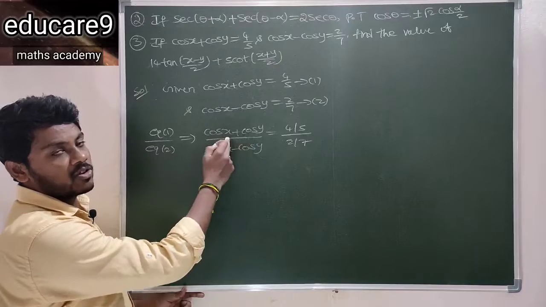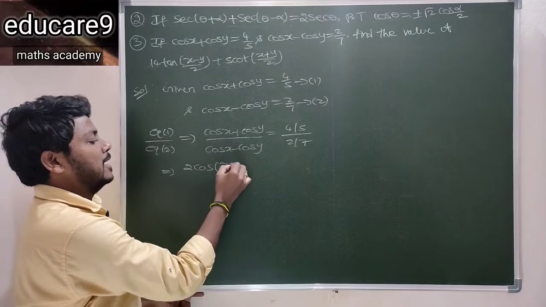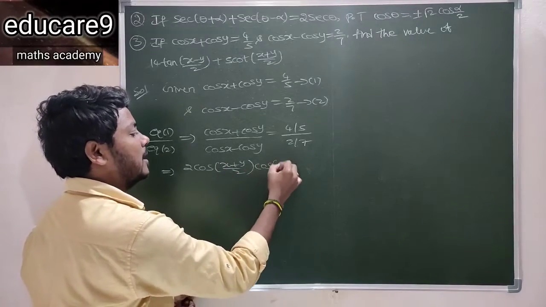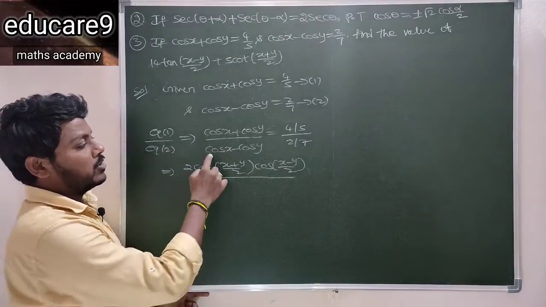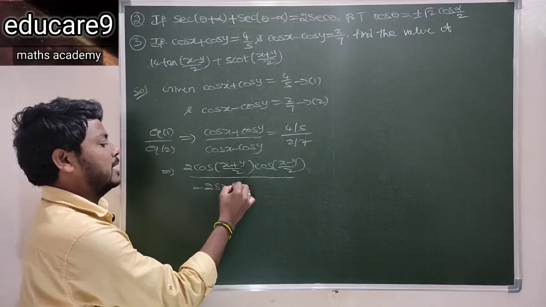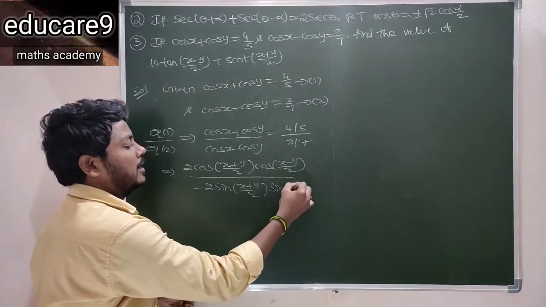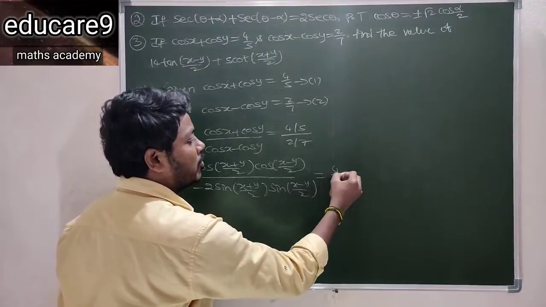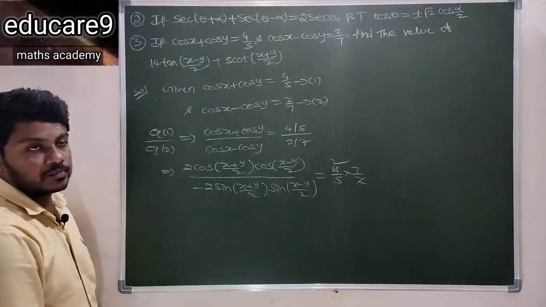Now the cos C plus cos D formula. This is what, 2 cos (x+y)/2 cos (x-y)/2. So divide by, and the cos C minus cos D formula, minus 2 sin (x+y)/2 sin (x-y)/2. So this is equal to 4 by 5 into 7 by 2. So 2 cancels with 2.